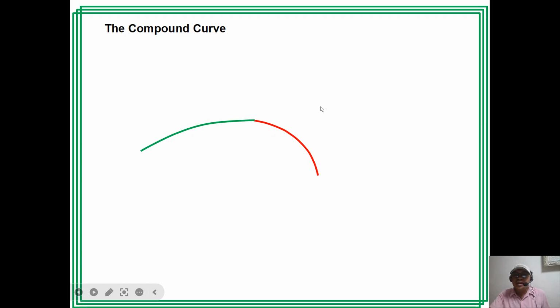Together, they are called the compound curve. We still start at the PC and end at the PT, and the curves meet at the point called PCC, the point of compound curvature. PC is still the point of curvature, PT is the point of tangency, PCC is the point of compound curvature.